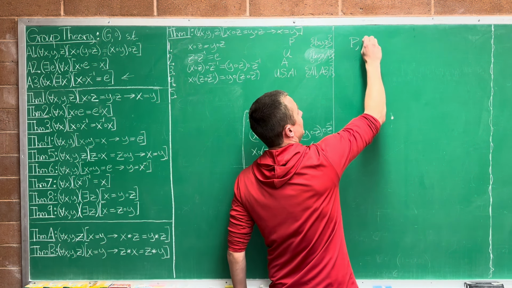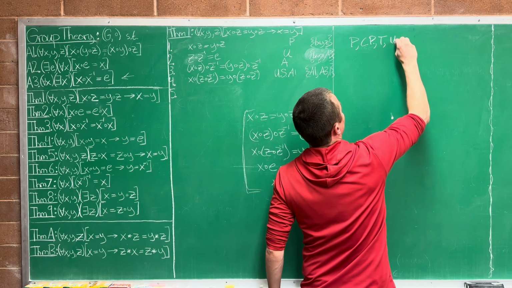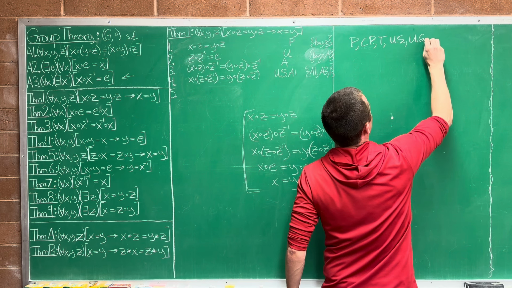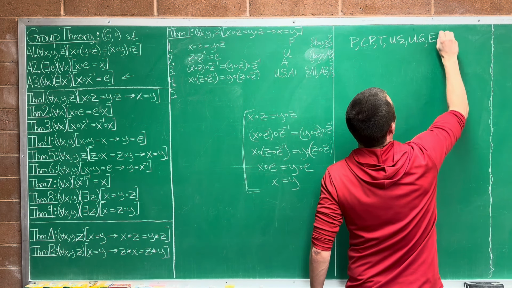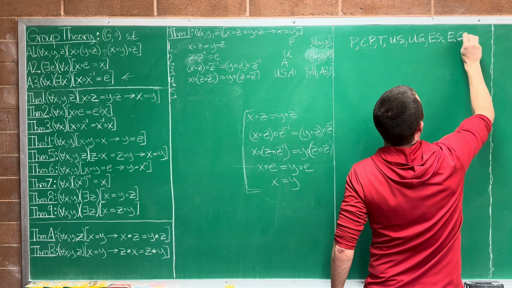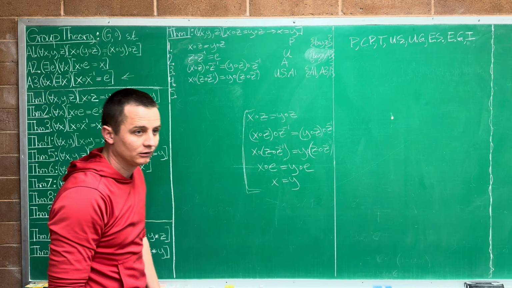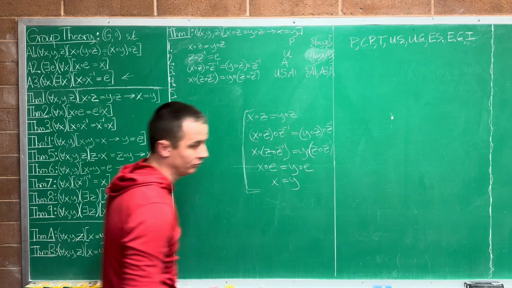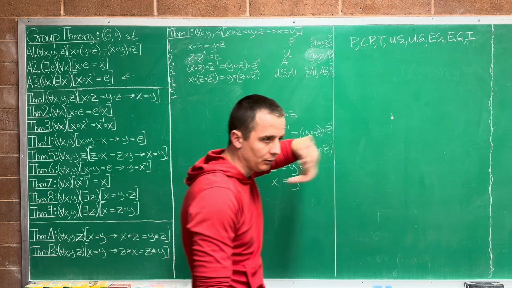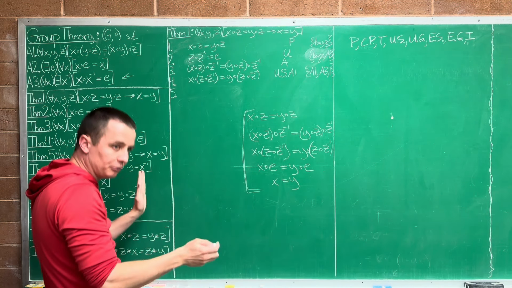I mean as in P, CP, T, US, UG, ES, EG, and then finally I. And as in I, that rule, that's what I meant. The rule of identity has 2 pieces to it, which is everything is identical with itself and equals may be substituted for equals.